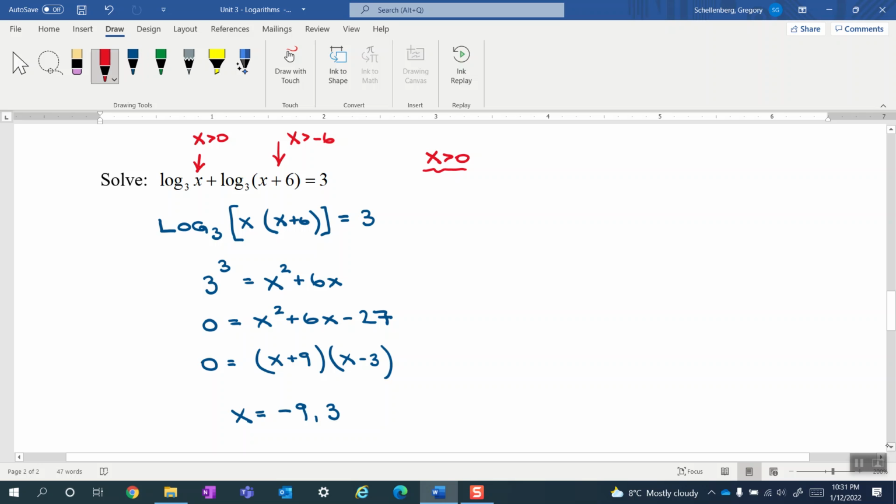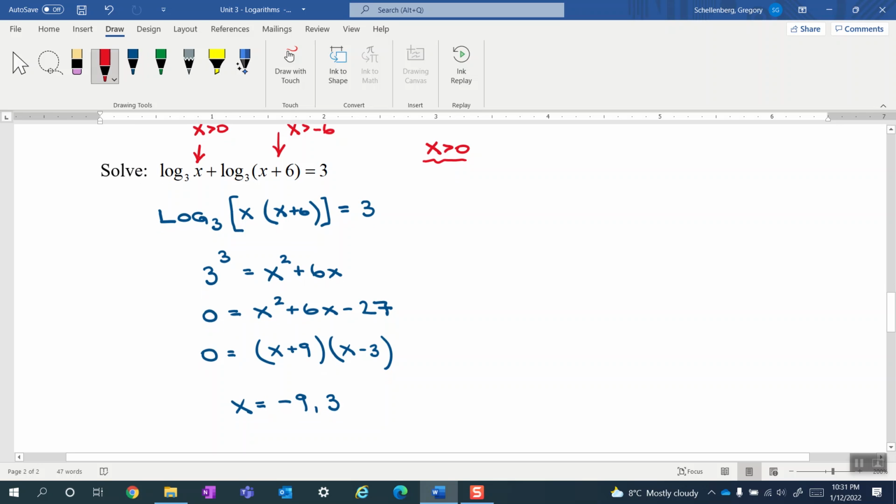Now let's take those solutions and have a look at our domain. -9 doesn't fit into that domain, which is values of x that are greater than 0, so we're going to reject that solution. I'm just going to cross that out, rejecting negative 9 as a solution.